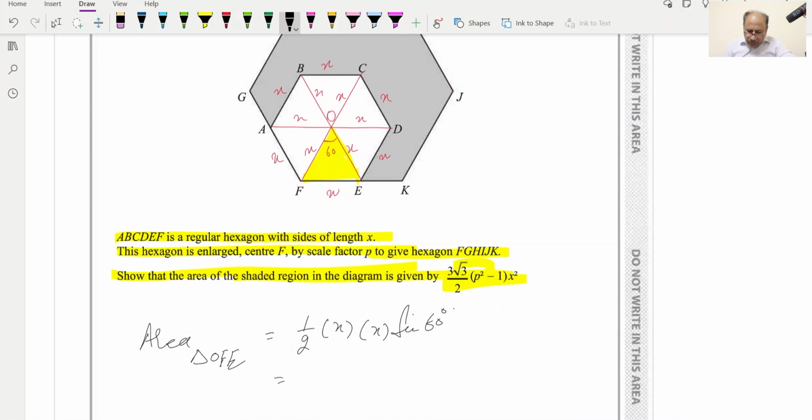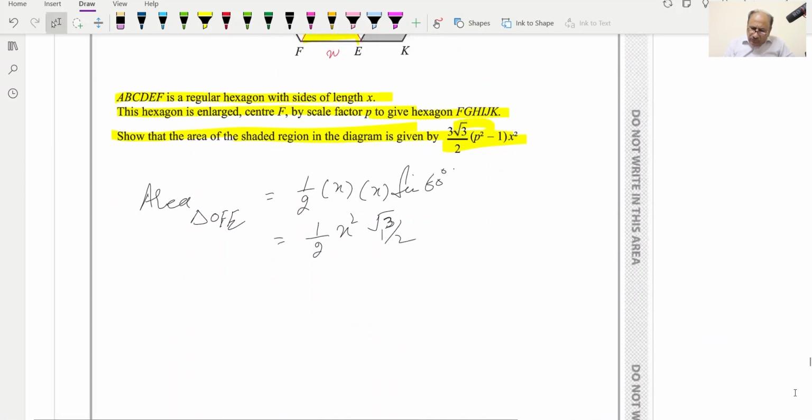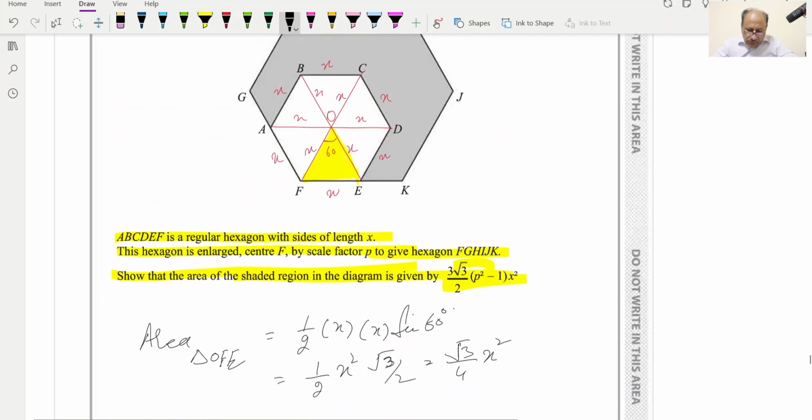So we can write 1 by 2 x squared under root 3 by 2, and this is basically the area which we can write as under root 3 over 4 x squared. Now we can find the area of this regular hexagon.